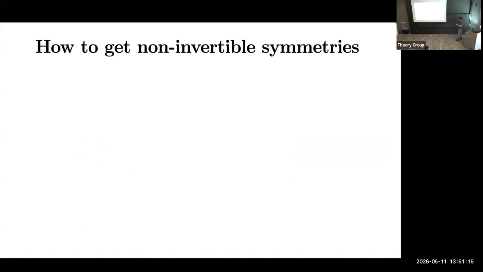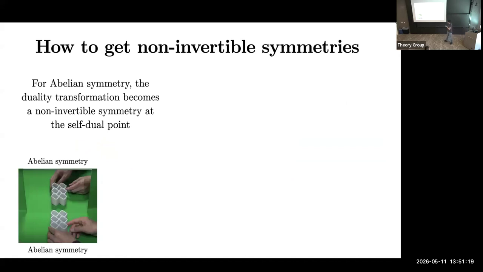So the general idea for getting non-invertible symmetries that I want to talk about today is, recall for the abelian case, we can perform this abelian symmetry, do a duality, and get back a dual abelian symmetry. So we get back to the same model with the same symmetry, and that's why we can get a larger duality here, which becomes a non-invertible symmetry.